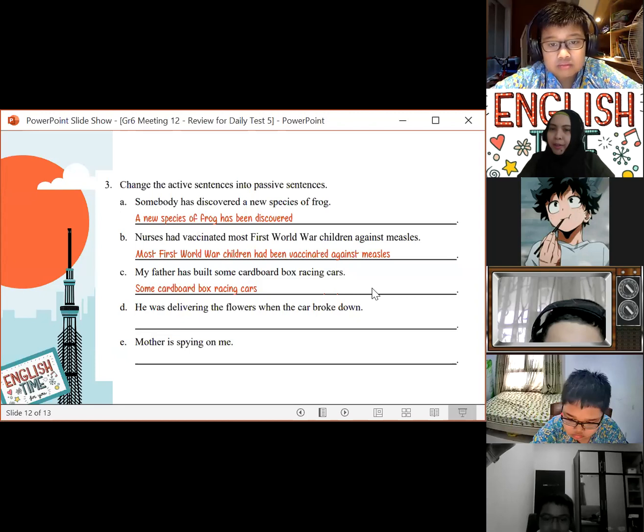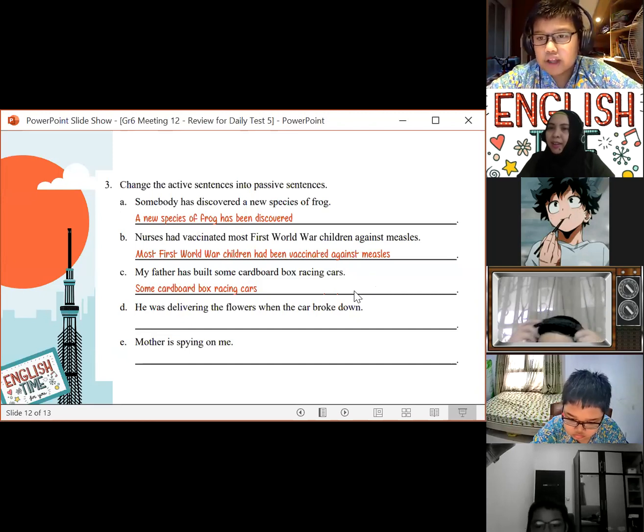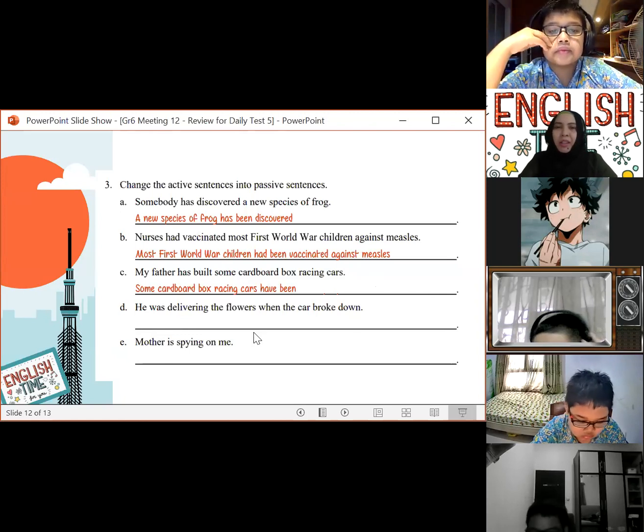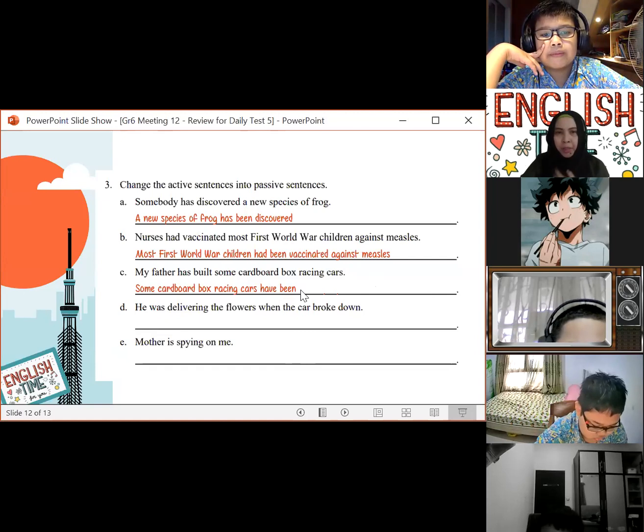Sixi, can you help? Have been. Because cars are more than one. Have been. Yes. Because there is more than one car. Okay, so you use have been.